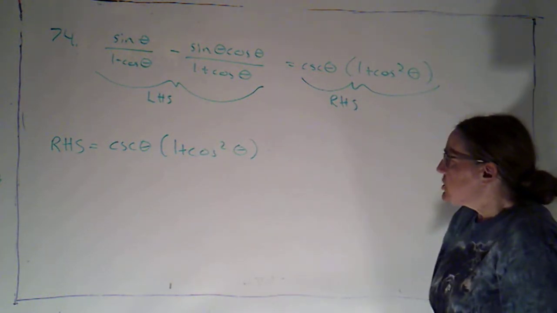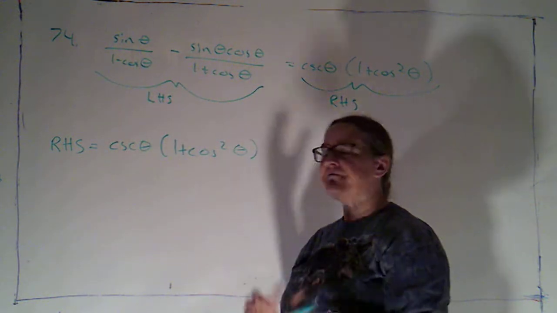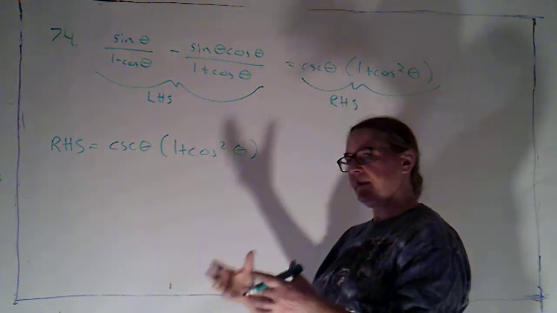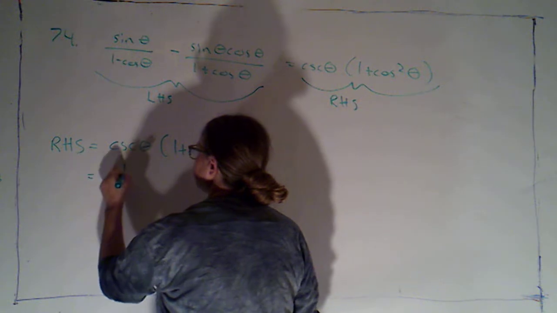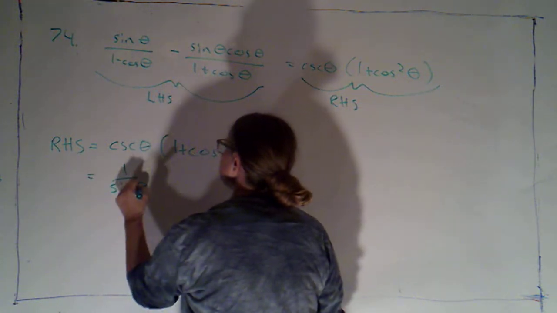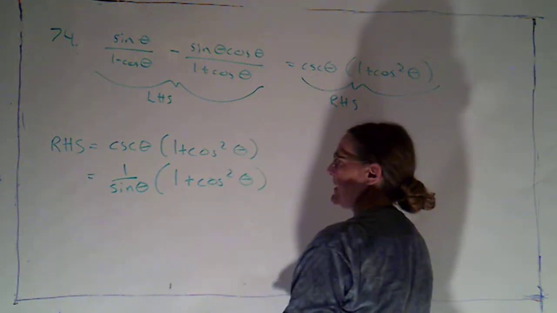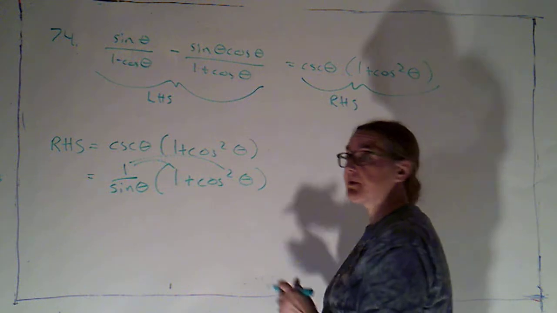And I think I'm going to rewrite that in terms of sine. I very often, unless I can see the connection between things with the other trig functions, I almost always will switch to sines and cosines. So I'm just going to say this is 1 over sine theta times 1 plus cosine squared theta. And then I can distribute. I can do that multiplication.